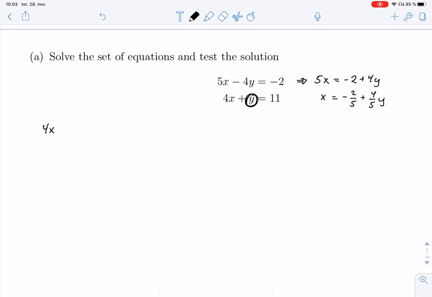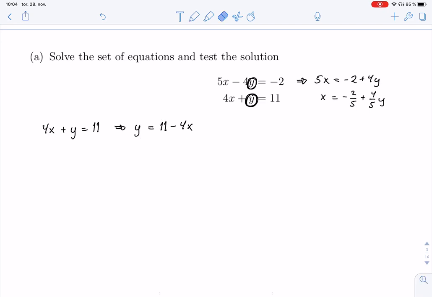I'll show you why. Here we simply get y equals 11 minus 4x. So we have y as a function of x. And then we can insert that y, this expression here, into the first equation.